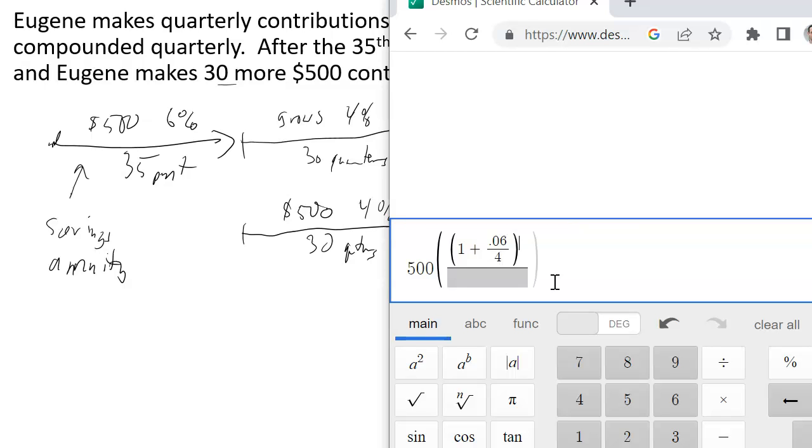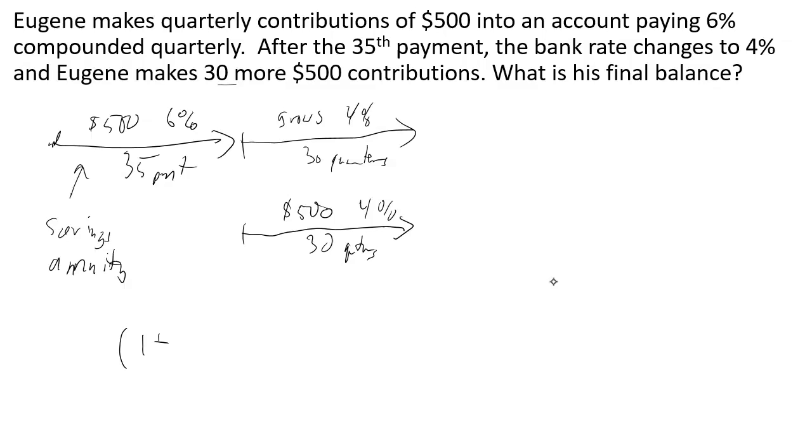Now, in our formula, normally we'd put KT, the number of compounds per year times number of years. Normally we have 1 plus R over K to the KT in the formula.